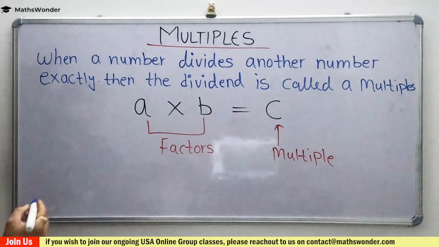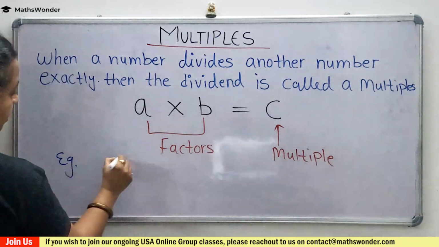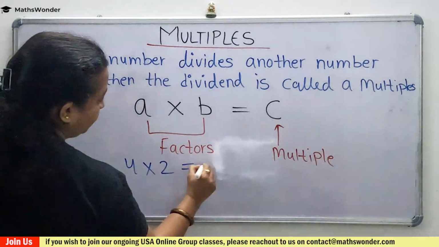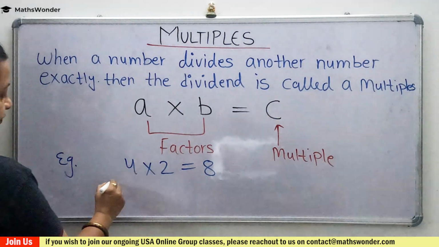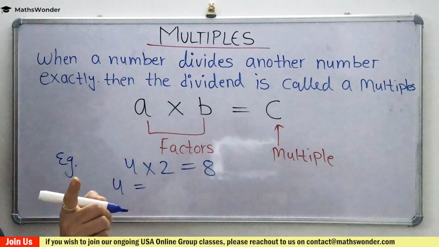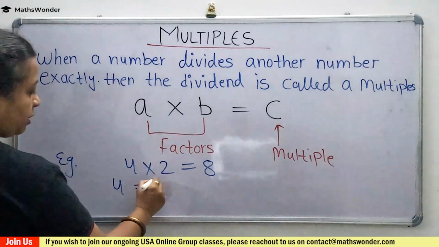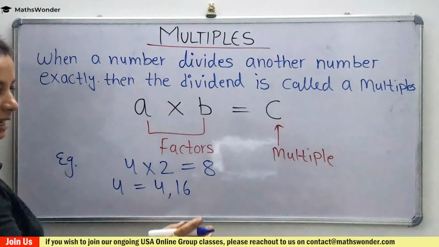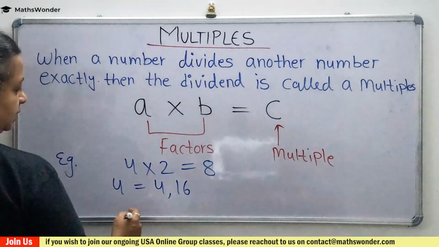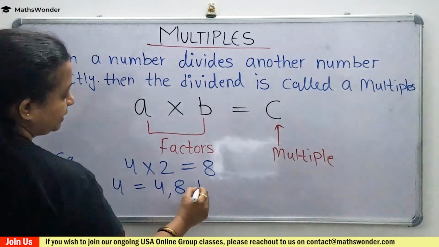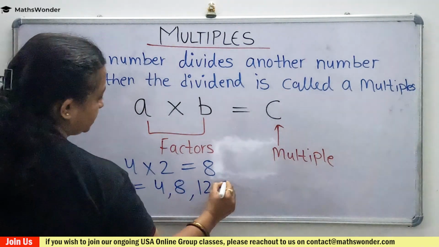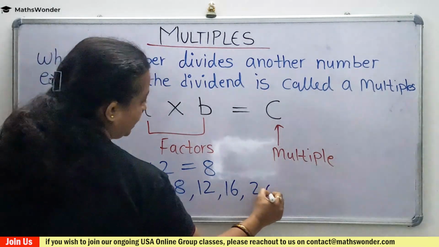For example, 4 times 2 is 8. 4 and 2 are the factors of 8, and 8 is a multiple of 4. How? If you find the multiples of 4: 4, 8, 12, 16, and so on.